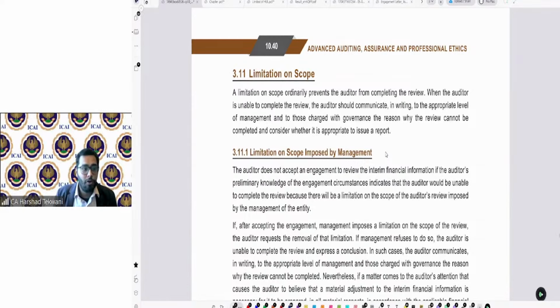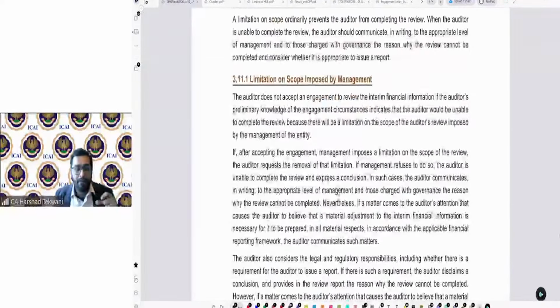So a limitation on scope imposed by management on a review engagement will not only impact the review engagement, but will also impact the auditor's responsibility. So the way we used to deal with limitation on scope imposed by management in a case of audit, we need to deal in a similar way in case of a review.